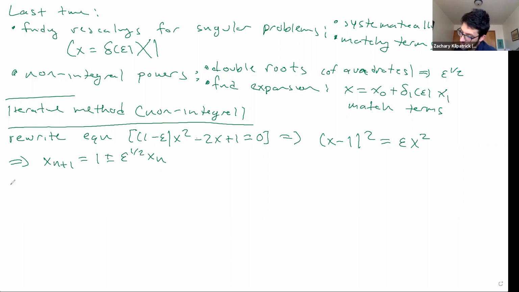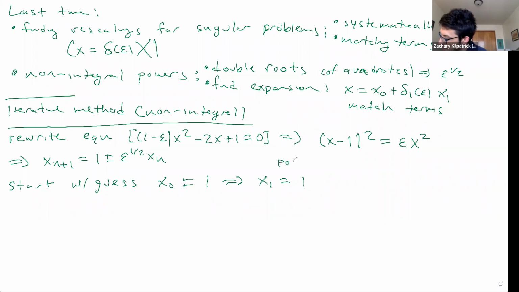So let's start with just a guess. Call it x0. And we'll take x0 to be 1. And so the nice thing about the iterative procedure is that thereafter, we don't have a lot of choices to make, okay?